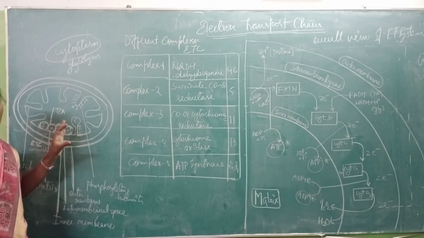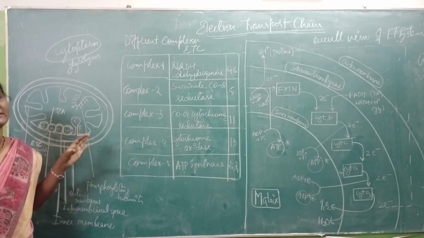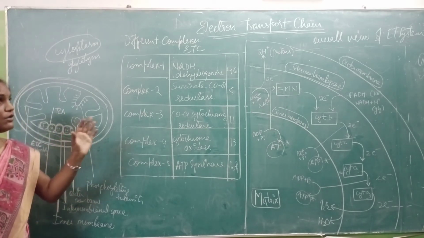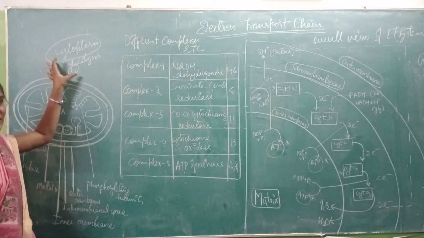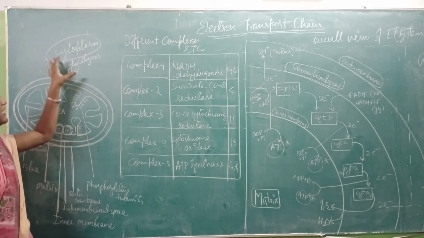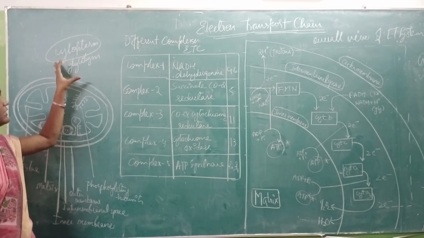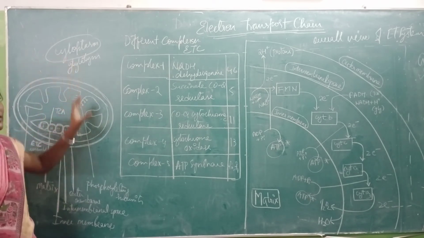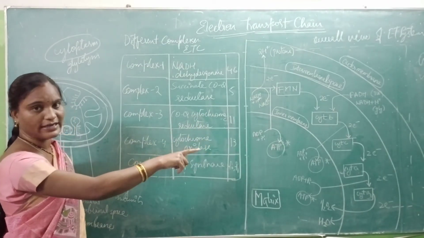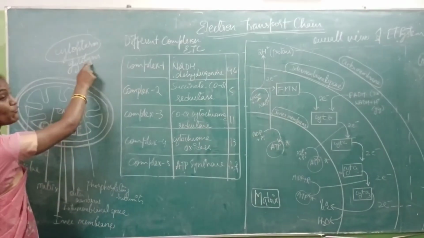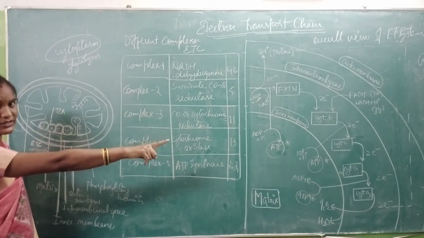So this is the order of synthesis of energy in mitochondria in animals. Initially in the cytoplasm, assume that this is a cell. In the cytoplasm, glycolysis will take place, and the end product of glycolysis is pyruvic acid, where one NADH molecule and H plus ion is released.